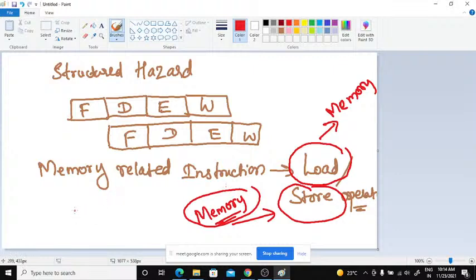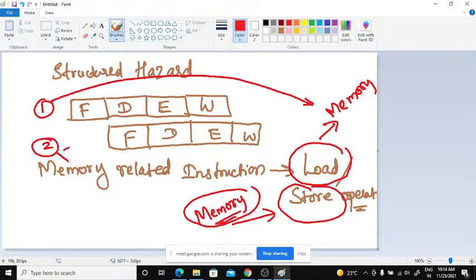If there are a first instruction and a second instruction, and at a time they both want to use the memory unit, but only one instruction can access the memory unit at a time, one has to wait.